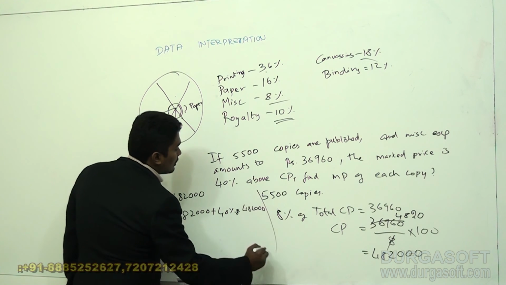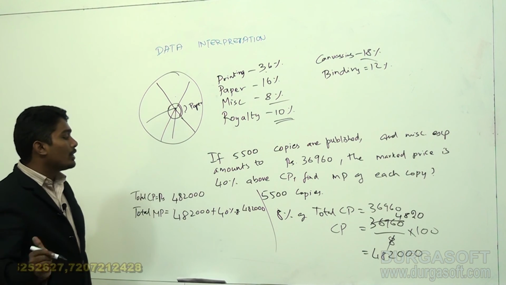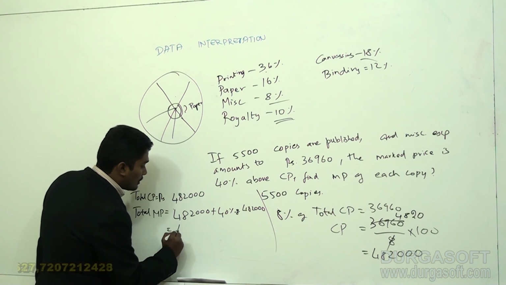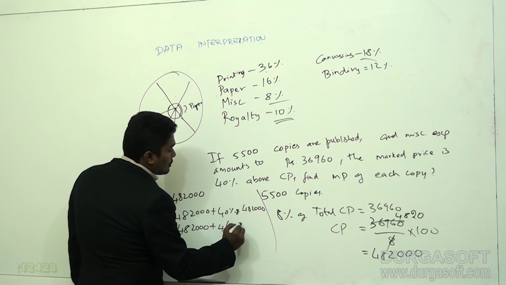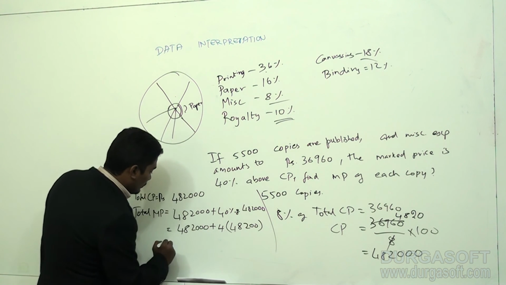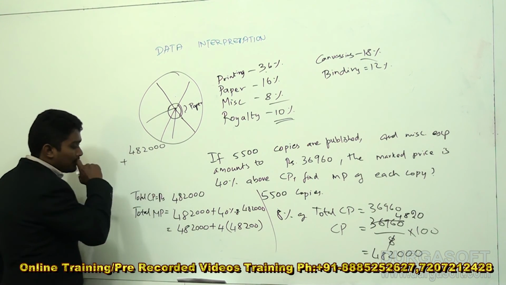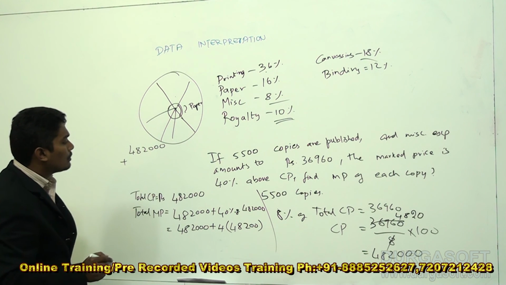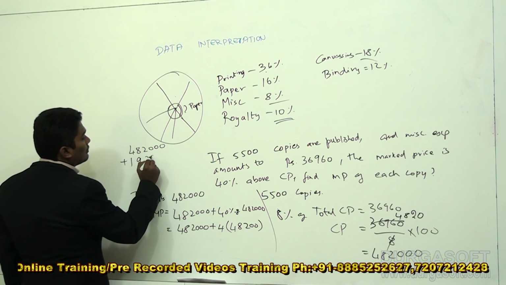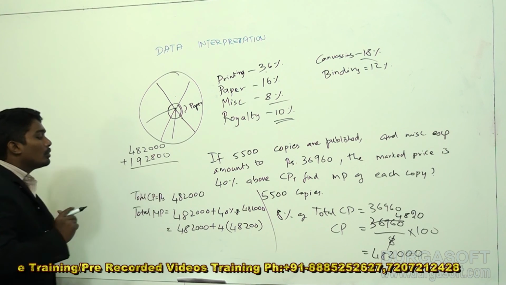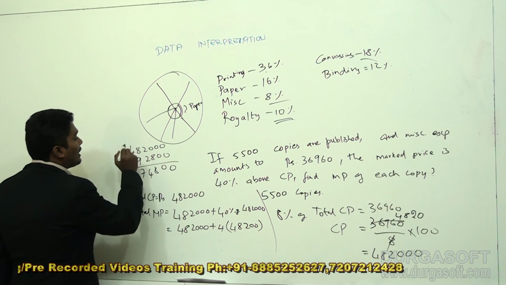4,62,000. So 10% of 4,62,000 will be 46,200. 40% will be 4 times of 46,200. So it will be 4,62,000 plus 46,200 into 4. 46,200 into 4 will be 1,84,800.